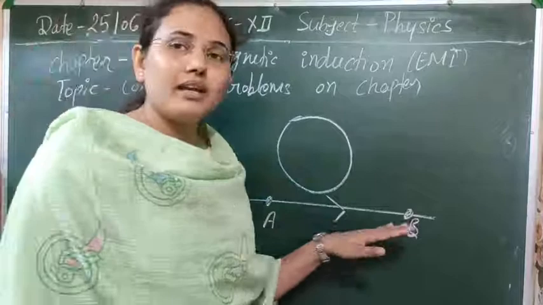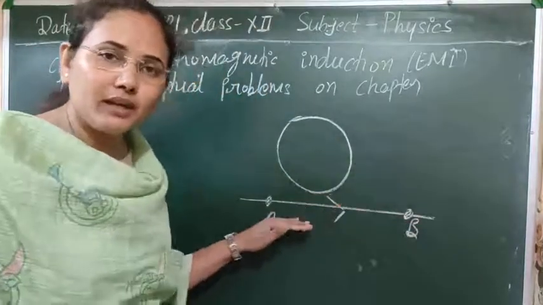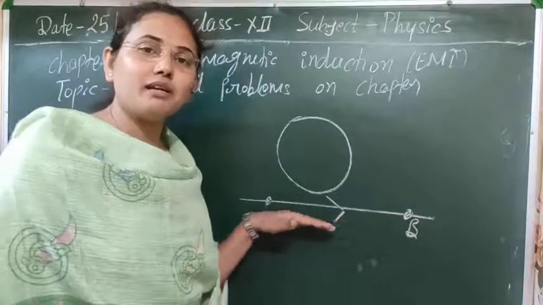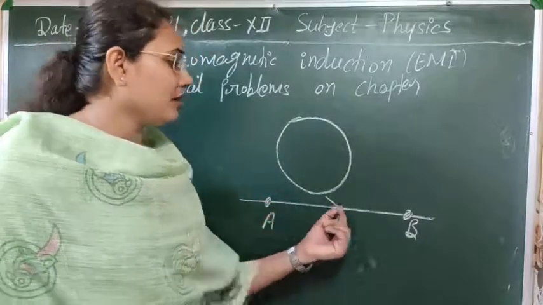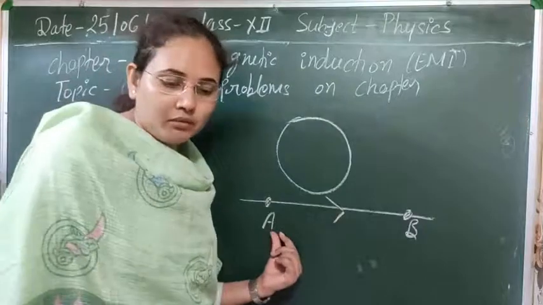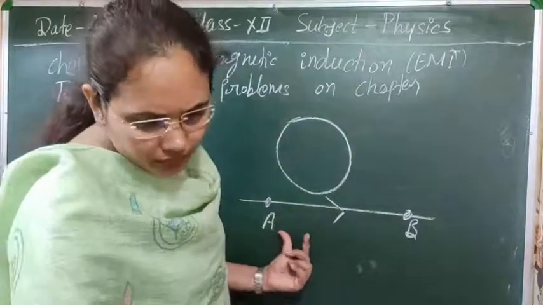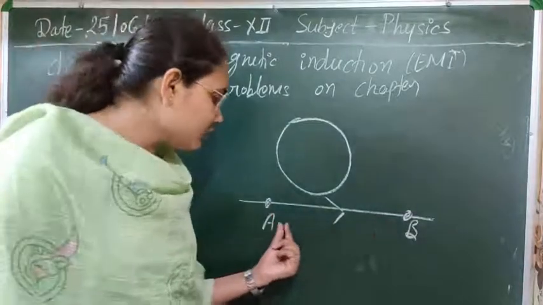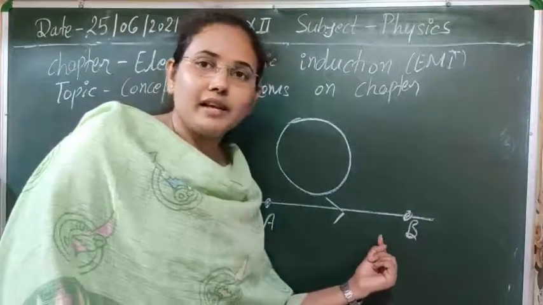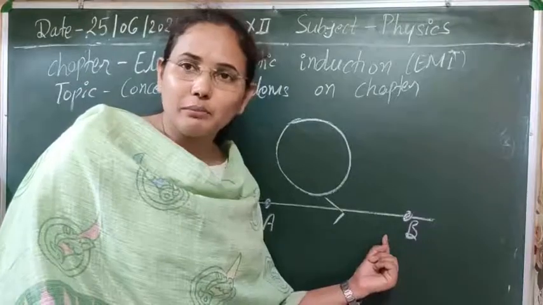So you know that whenever the flux associated with the wire changes, as it is given that the current from B to A is decreasing, it means that from A to B it is increasing. As the current changes, it will change the magnetic field produced here.